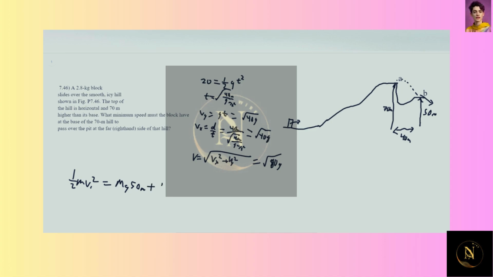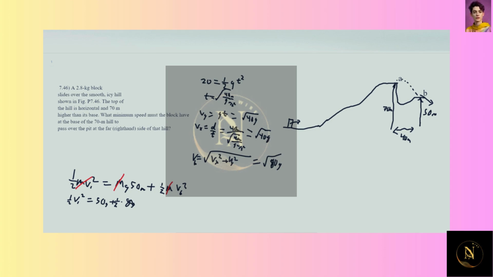So we're going to have 1/2 m, and then here I'm going to write vb squared. Okay, so we have masses that can cancel out. We have 1/2 v1 squared equal to 50g plus 1/2 times 80g.